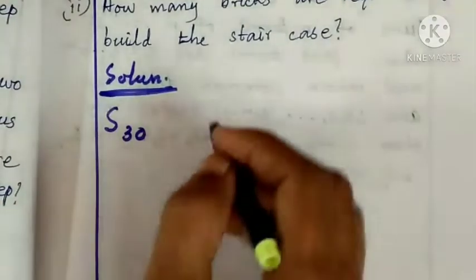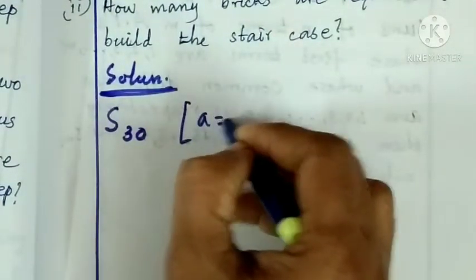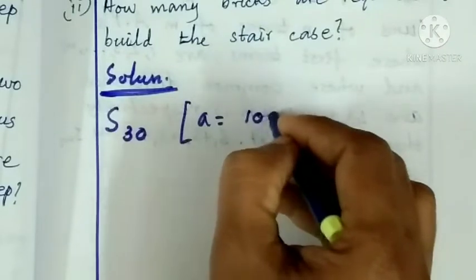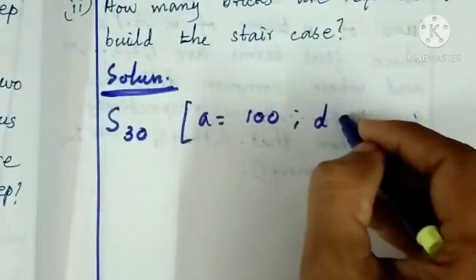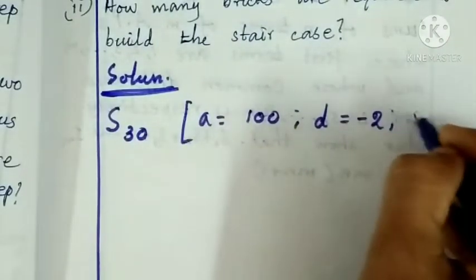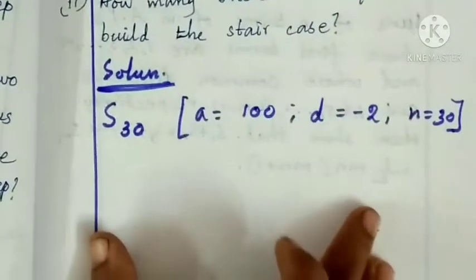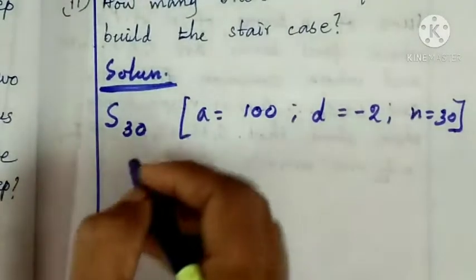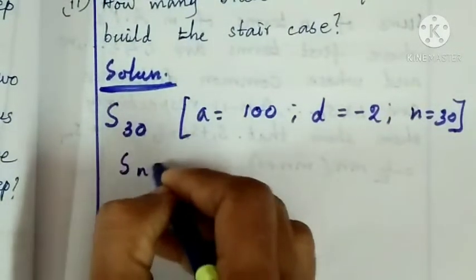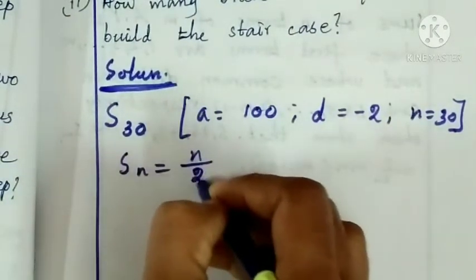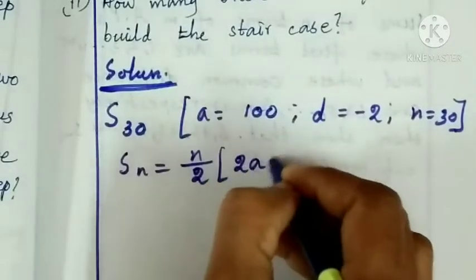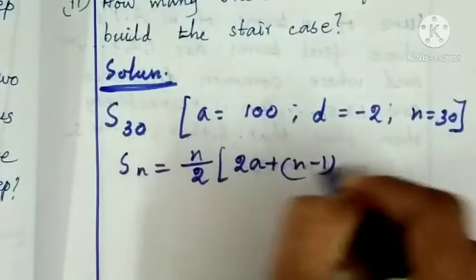Here we know that the value of a is 100, d is minus 2 and n is 30. Which formula do you have to apply for Sn? Yes, Sn is equal to n by 2 into 2a plus n minus 1 into d.